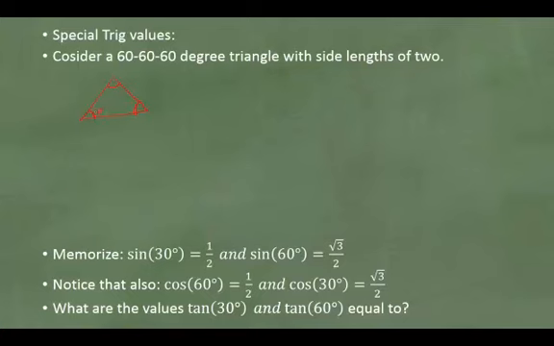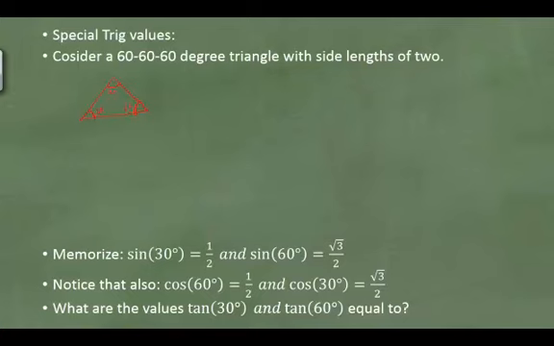These have to be 60 degrees because the angles have to add up to 180. 60 plus 60 plus 60 equals 180. In any triangle, the angles have to add up to 180. And for the sake of making the calculations easier, we're going to say that these side lengths are lengths of 2. So what we're going to do is look at half of that triangle.